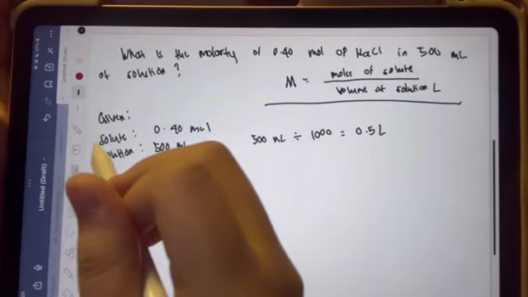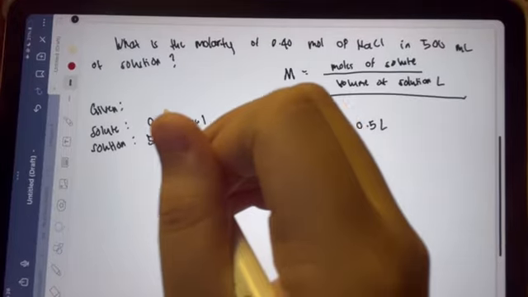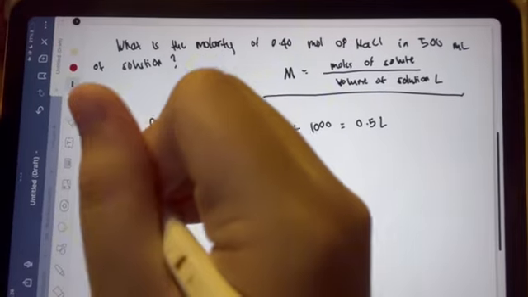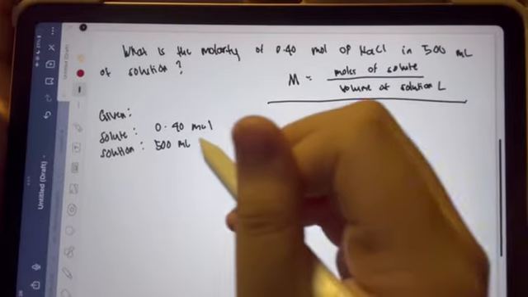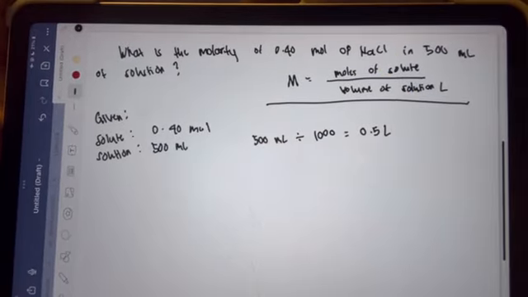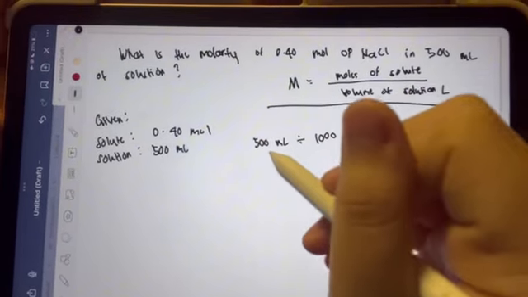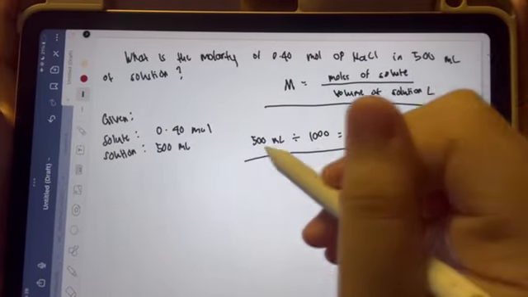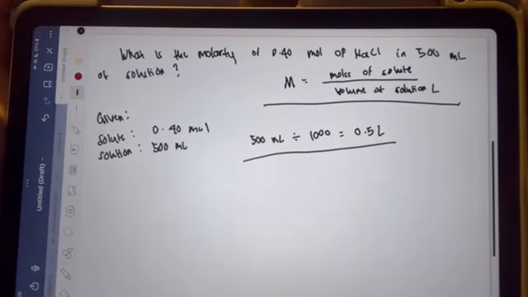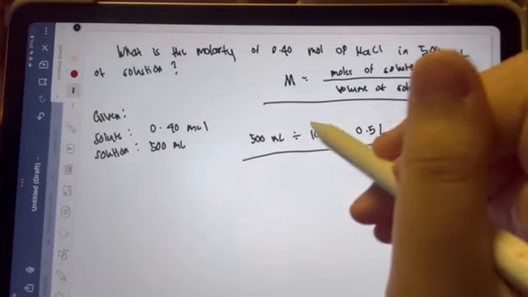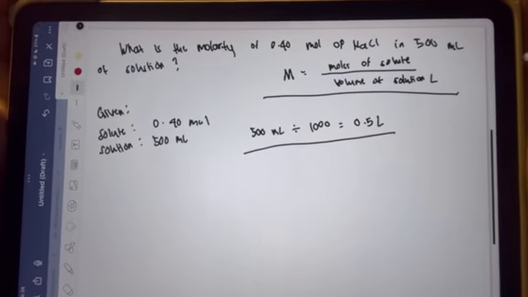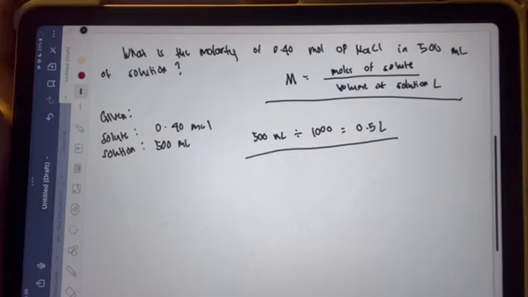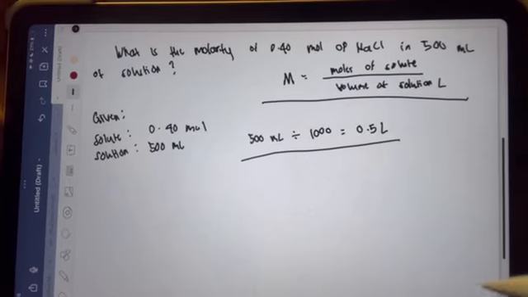So we have here the solute 0.40 mole, then solution 500 ml. Before we proceed, we should first change the ml into liter. So 500 ml divided by 1000 is equal to 0.5 liter.